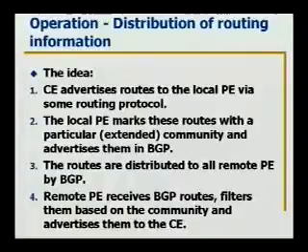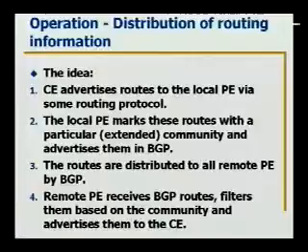So let's see how routing information is distributed in this model. So what's the idea? We have the CE advertising routes to its local PE with some routing protocol or even with static routing. Now the local PE is going to take these routes, mark them with some extended community, and advertise them in BGP.